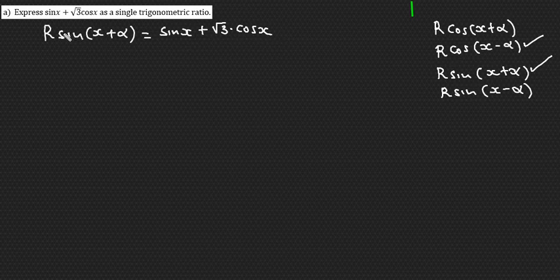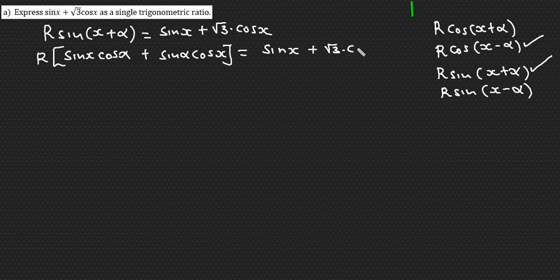What we are going to do next is to expand the compound angle of sine. The compound angle will give r, then when we expand sin(x plus alpha), we shall get sin x cos alpha plus sin alpha cos x. Now this is still equal to sin x plus root 3 cos x.